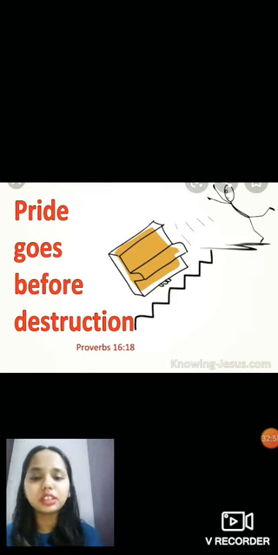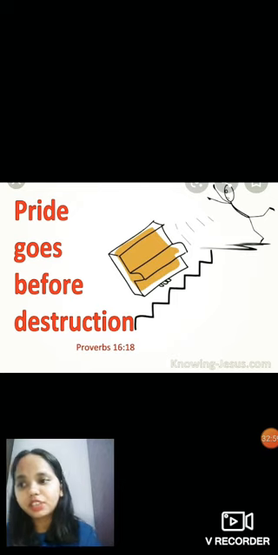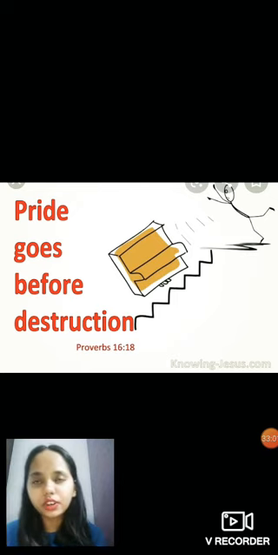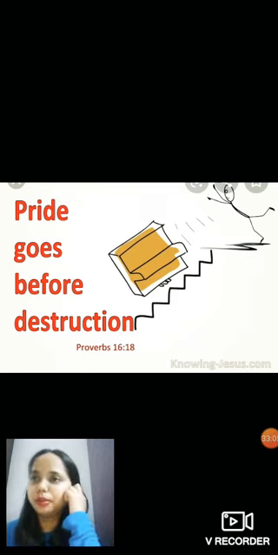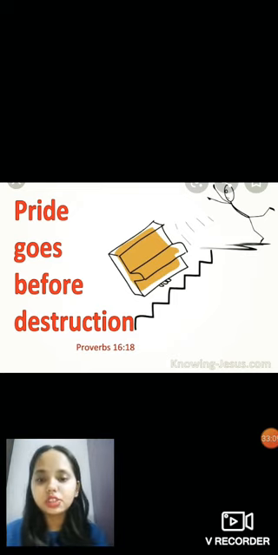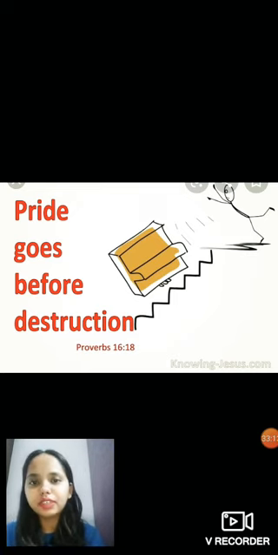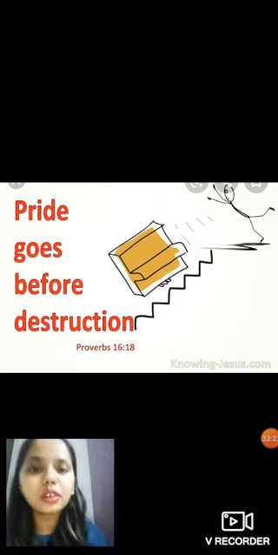It was not the real necklace that was borrowed by Madame Loisel from Madame Forestier. Her life was just shaken. So this is the meaning: if you have pride, destruction is going to happen before it.